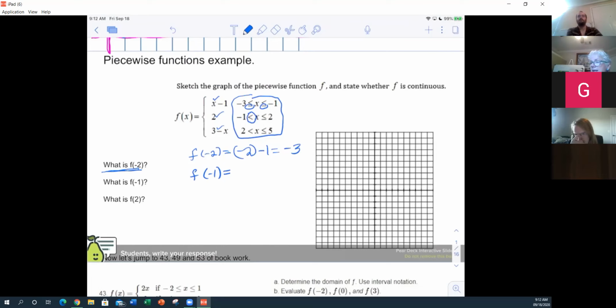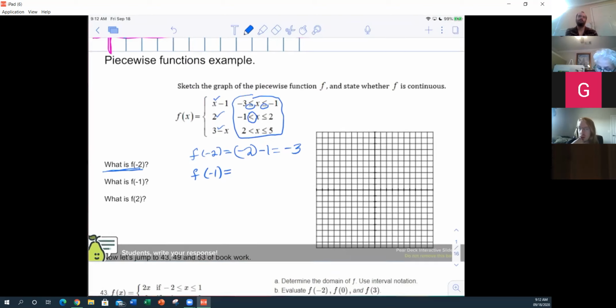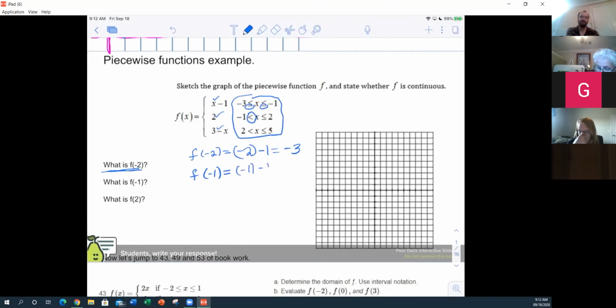So that second interval doesn't include the -1. So f of -1 would also go into the first equation, and we'd have -1 minus 1 equals -2.